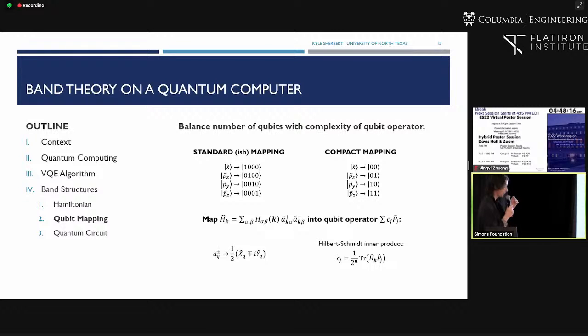But here's the important point. There's more than one way of doing this mapping. And usually the decision-making that you have to do is to balance the number of qubits, or the size of the quantum computer that you want to use, with the complexity of the qubit operator that your Hamiltonian ends up mapping onto. So for example, intuitively, we have 4 basis states, so we should only need 2 qubits, right? 2 qubits should be enough to handle the exponential number, 4 basis states.